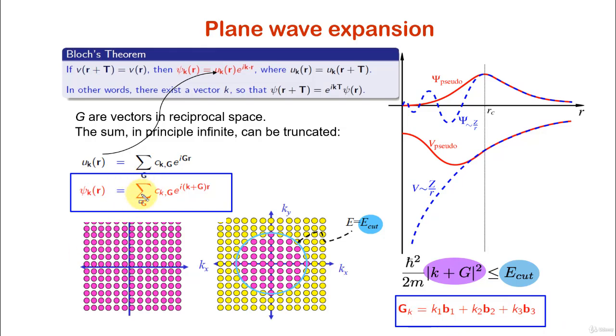This summation cannot be infinite, thus it should be truncated. This issue defines the cutoff energy. Indeed, the G vector cannot go to infinity. Thus, the cutoff energy determines the number of plane waves in the expansion to satisfy this equation.